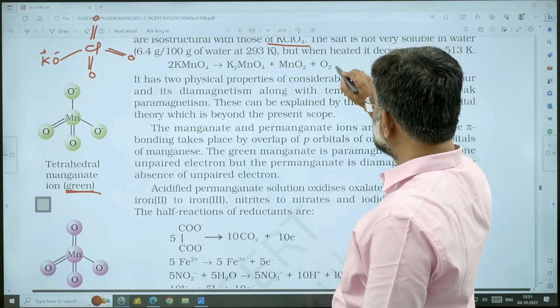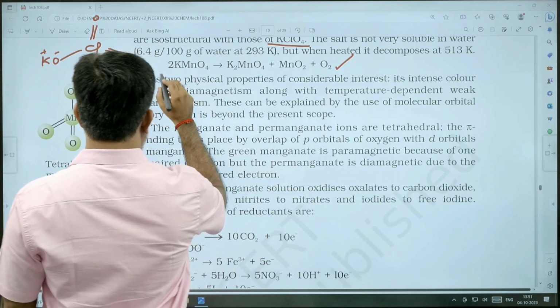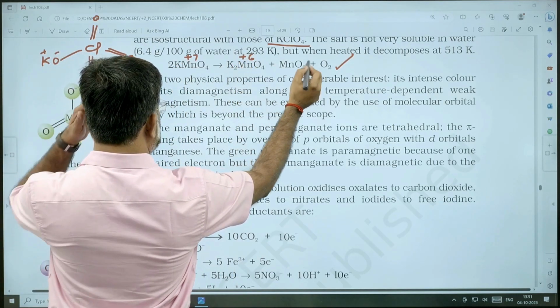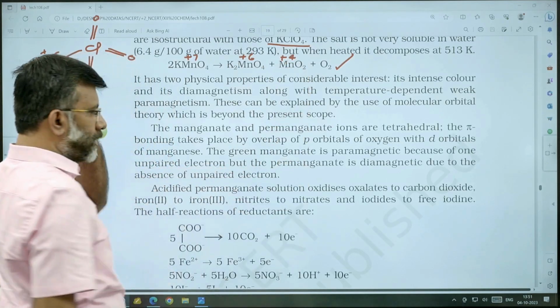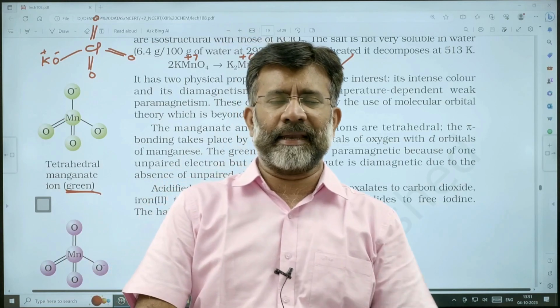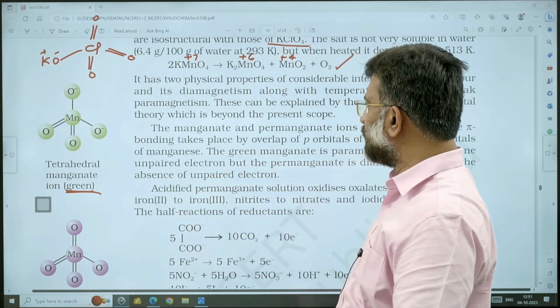And the decomposition of potassium permanganate is very important. Potassium permanganate upon heating, the +7 state is reduced to the +6 state and the +4 state. It is converted to manganate and manganese dioxide.